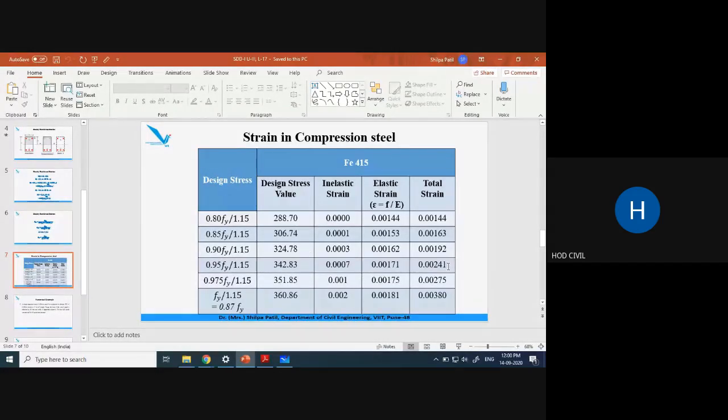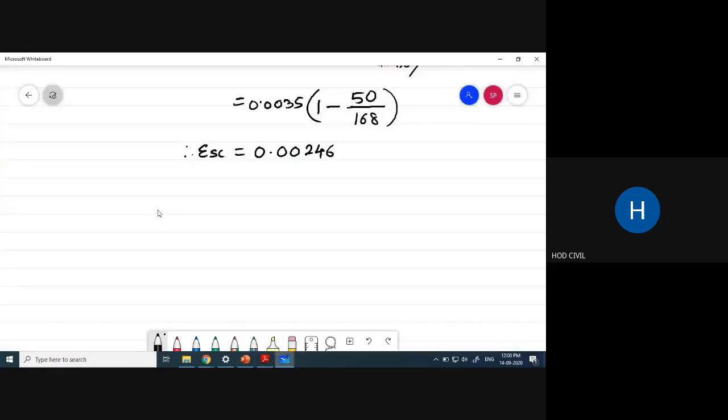I will simply write down here the epsilon SC value and FSC value. So this is 0.00241, and 0.00246, and 0.00275.